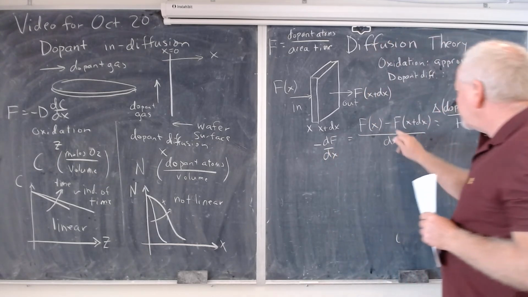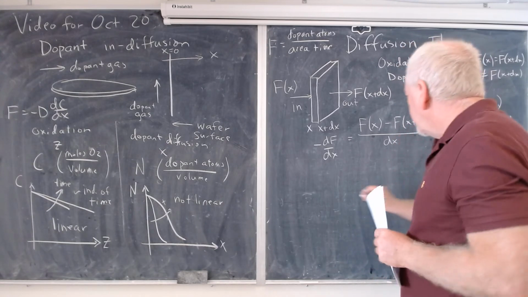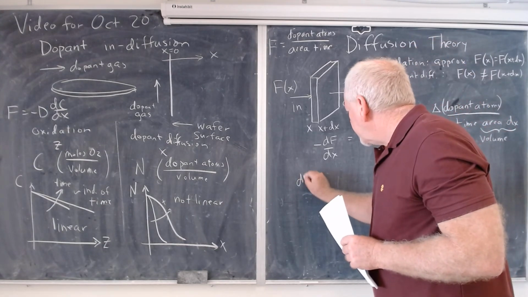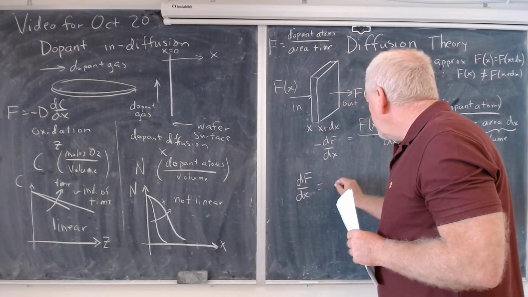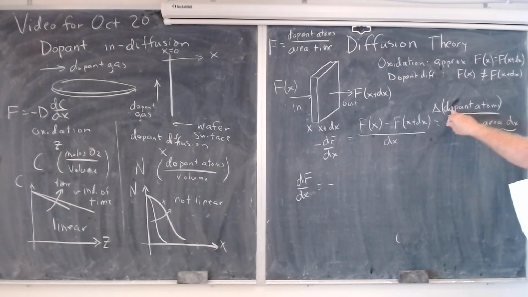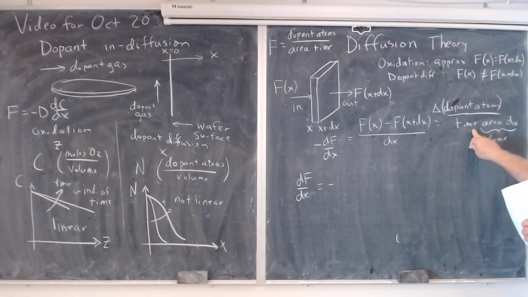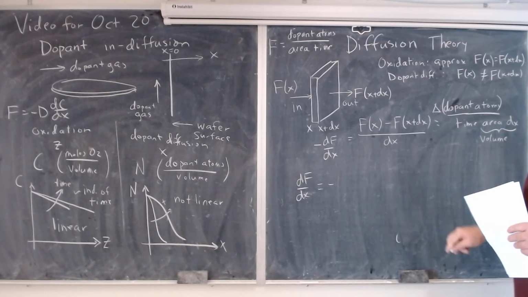Right? That's the change in f with x. And so we can write down then that df/dx is equal to, and I'll put the minus sign over here. Now what is delta, dopant atoms per unit volume per unit time? Well, the dopant atoms per unit volume, that's n.